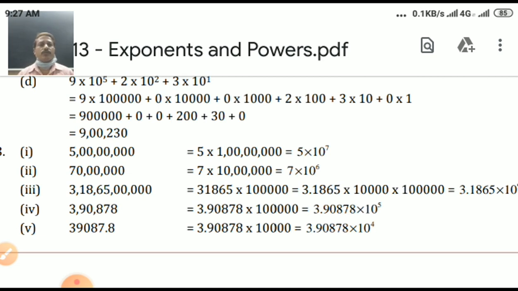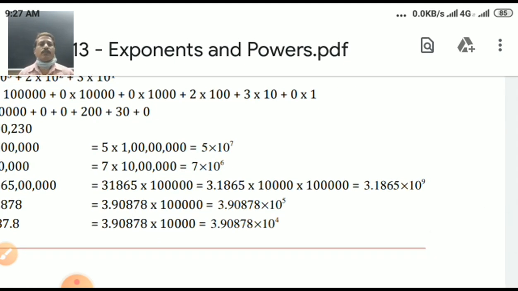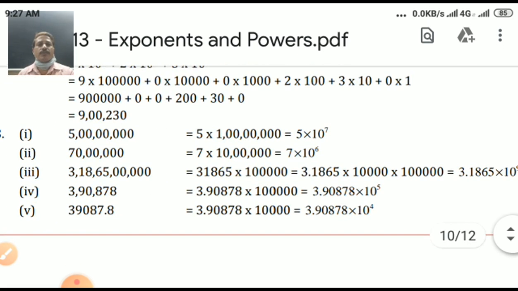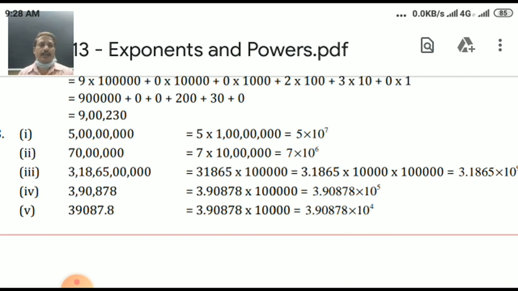And behind it 5 zeros, which is already read. Look here, I explained it very well. So 4 plus 5, 9. Or you can take out a jumping. The point is here. How many jumps will we make, son? 9 jumps are needed. 9 jumps. And up to 3.1865 and 10 raised to 9.